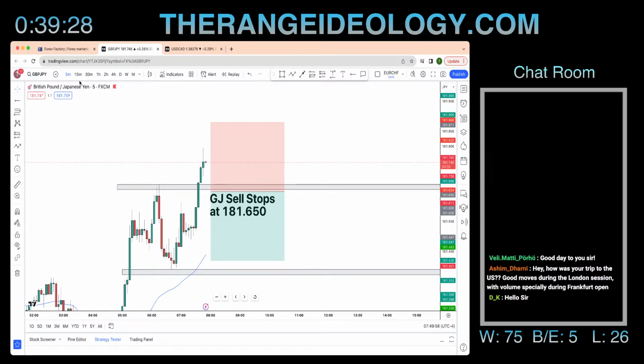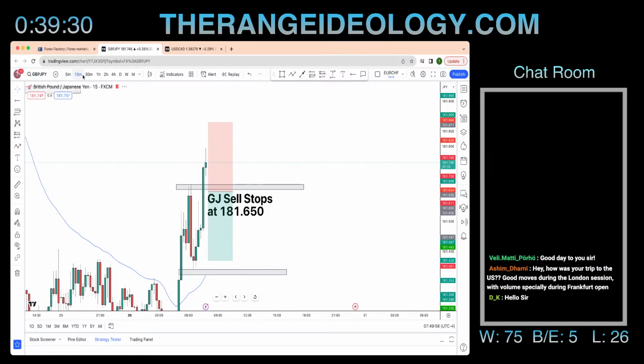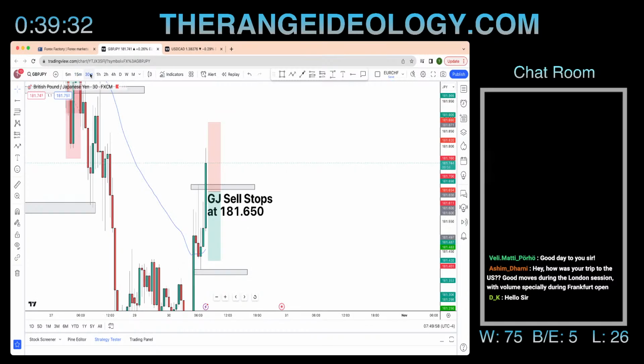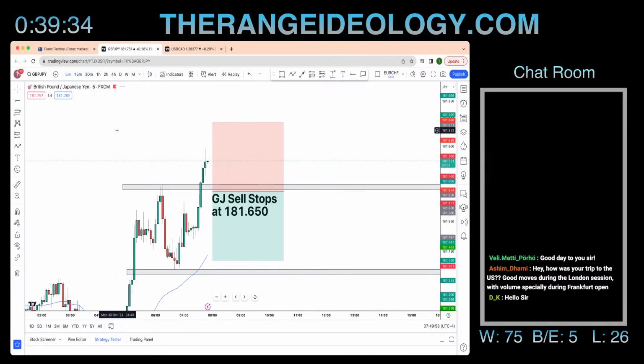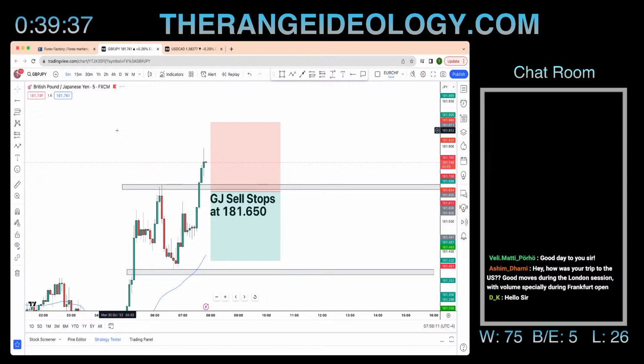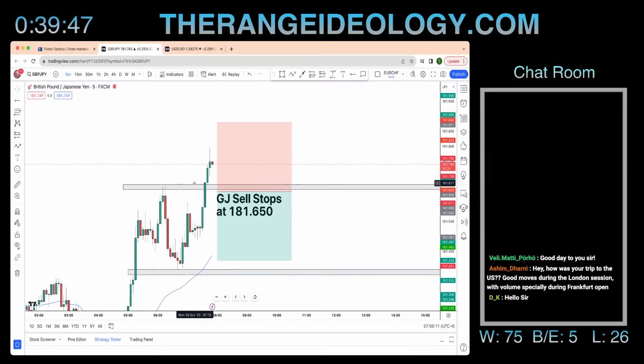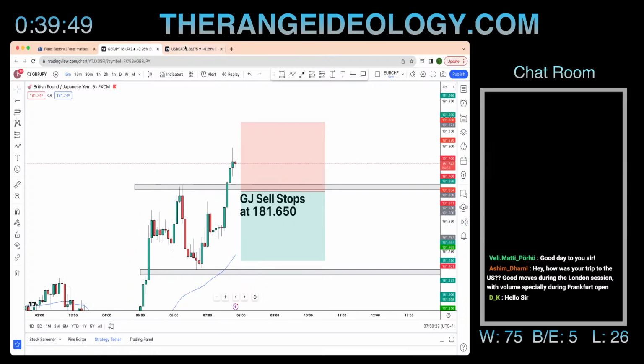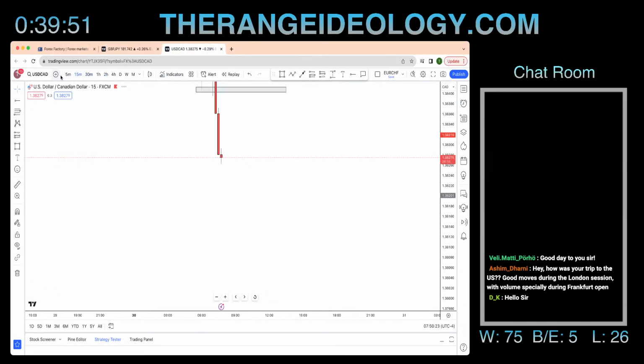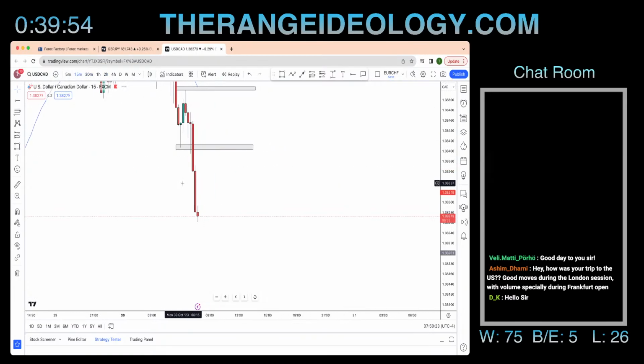All right, 10 minutes left. Another new 5-minute candle. So does GJ fall right back in to that range? Alrighty. So again, USD CAD did not comply, so it was too far gone to continue to hold on the buy stops, right?